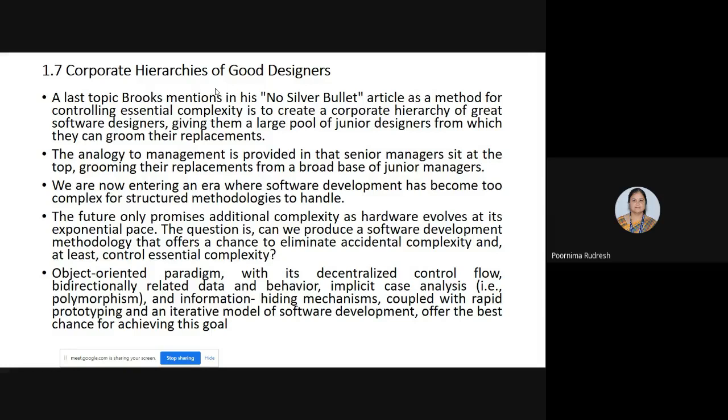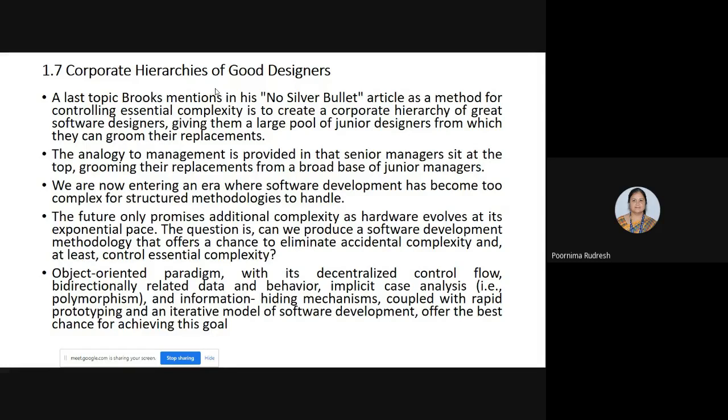At the top we have the great software engineers, and below them a group of junior engineers are assigned, and these engineers can groom their replacements.